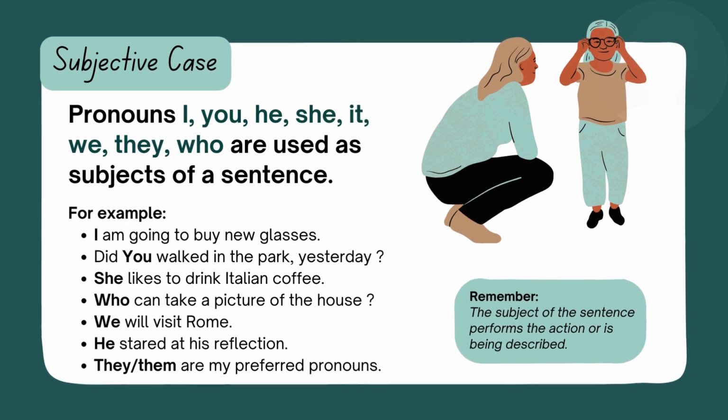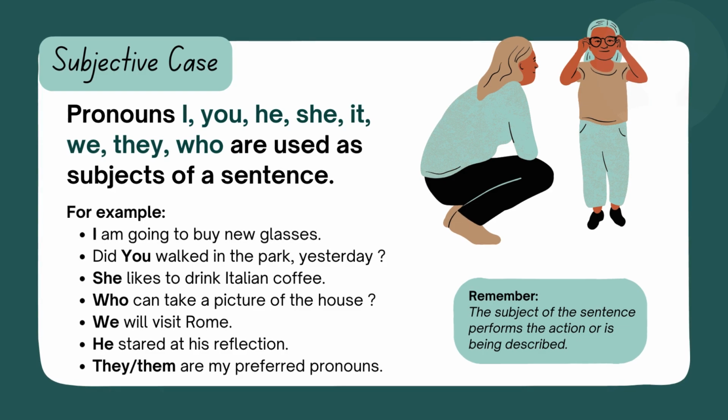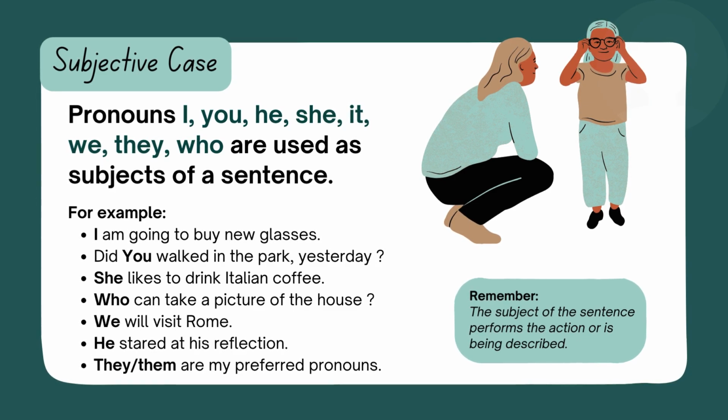The subjective pronouns. They are words like I, you, he, she, it, we, they, and who, and they are used as the subject of a sentence. For example, I am going to buy new glasses.